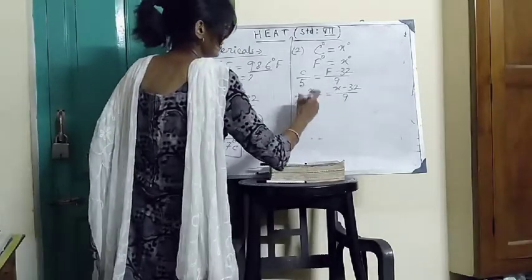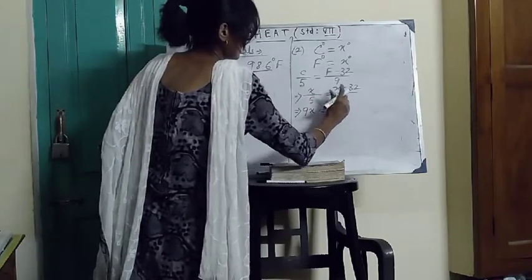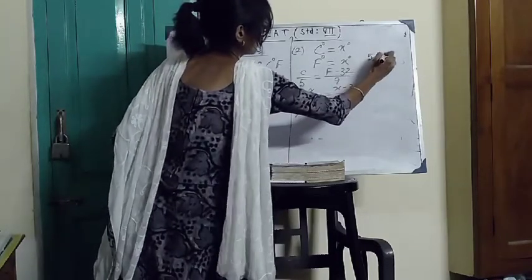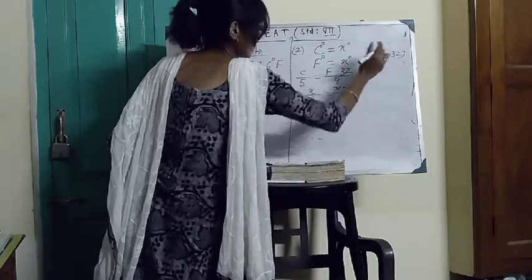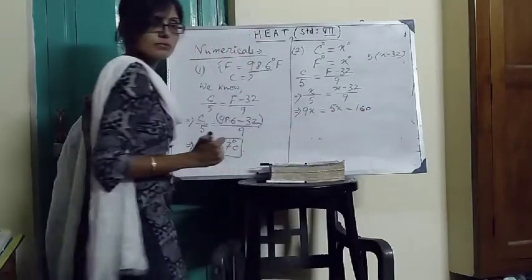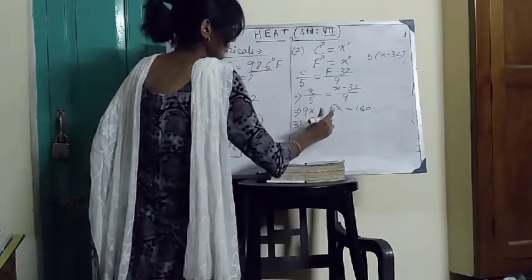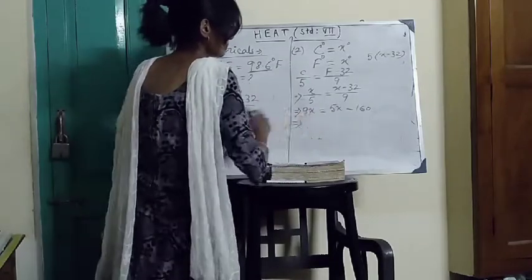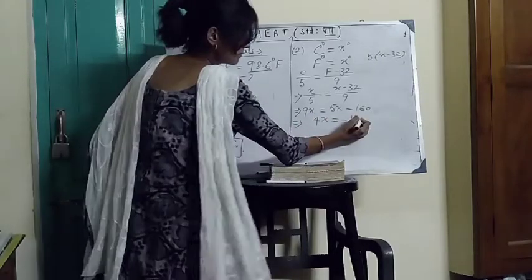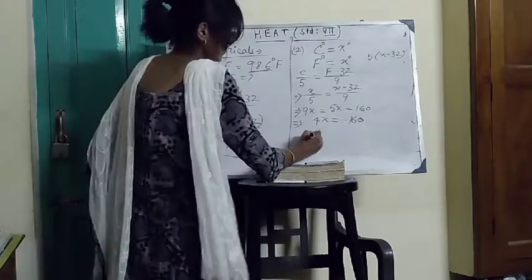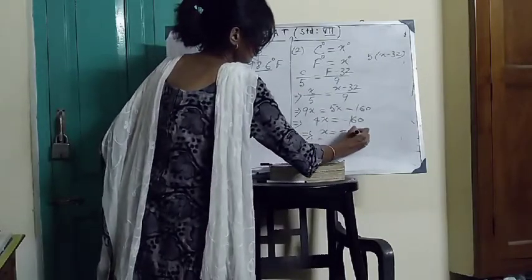Cross multiplication: 9x is equal to 5 into x minus 32. 5 into x minus 32, we can write 5x minus 5 multiplied by 32, 160. Change the side: 9x minus 5x, that means 4x is equal to minus 160. x is equal to 160 divided by 4 with the negative sign, minus 40.